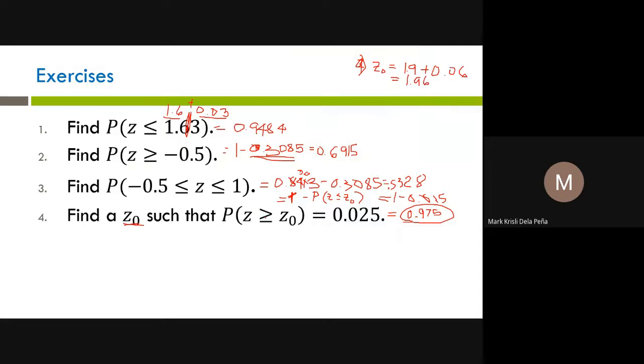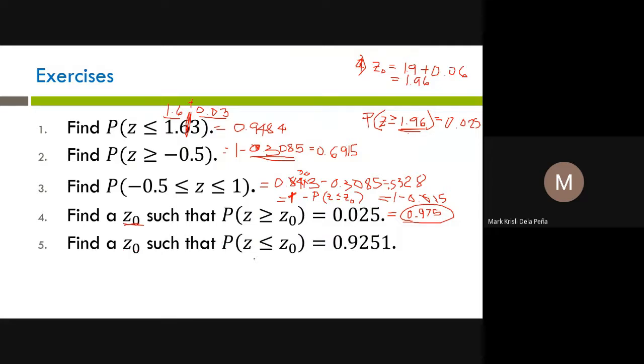We're actually looking for P(Z ≥ 1.96), and that's equal to 0.025. So our answer is 1.96, our z₀.